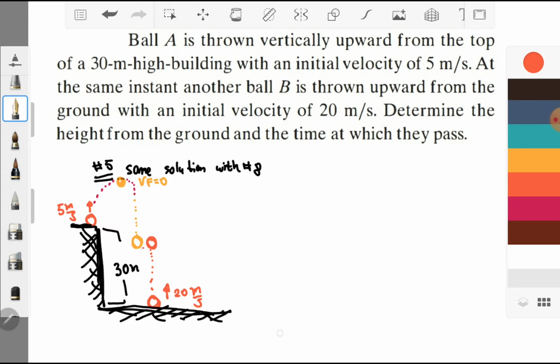So take note that at this instance, this VF, let's say VF1 is unknown, and then this will be your VF2. Okay. So VF2 is unknown. So take note that we are determining the height from the ground where these two will meet. So let's say this will be our height from the ground, S1. Let's say S. This will be the height from the ground, where S is the height from the ground.